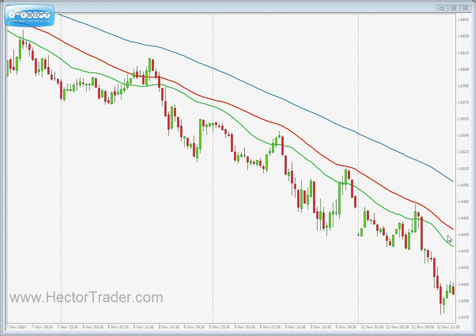You're not trying to anticipate the market's next move. If you enter short just as price retraces back here, then you will be trying to anticipate, to foresee the next market move. That's not what trading is about.